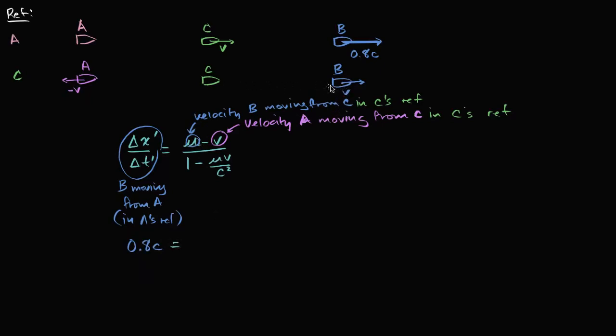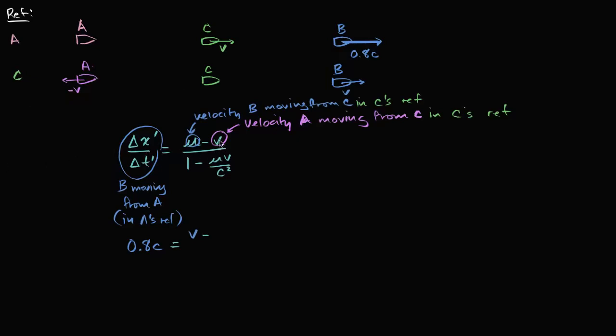Well, that's just going to be a positive v. And then from that, we are going to subtract the velocity A is moving from C in C's frame of reference. So A is moving from C with the velocity negative v.